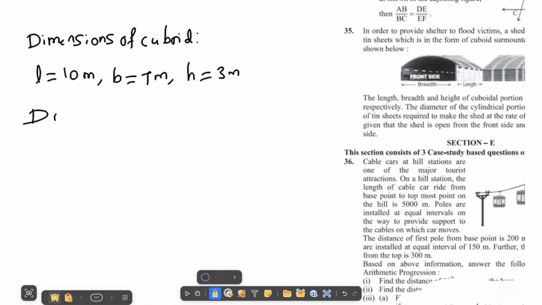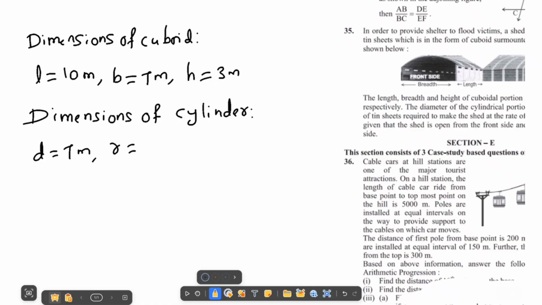Now the dimensions of the cylinder. The diameter is given as 7 meters, so the radius will be half of it, 7 by 2 meters.